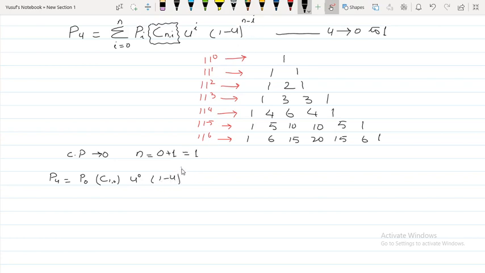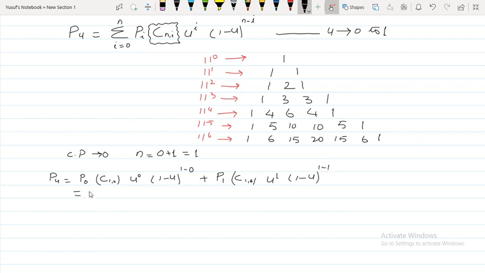The value of n is 1, so 1 minus i is 0, plus now the value of i is 1. First time I have to put in this equation i equal to 0, the value of n will remain 1, and then plus next time I put the value of i as 1, so P1, C1 comma 1 and u raised to 1. Now the value of i is 1, so 1 minus u raised to the value of n is 1, i is also 1, 1 minus 1 is 0.